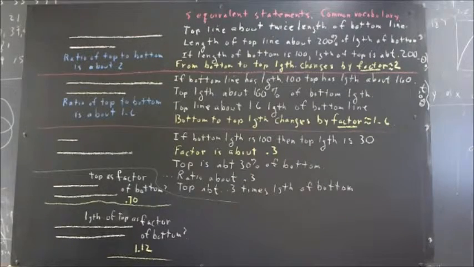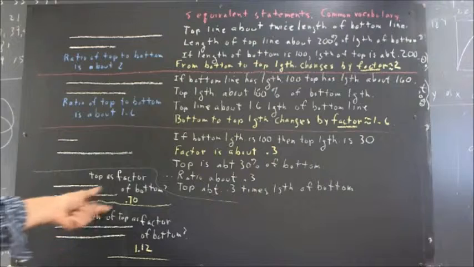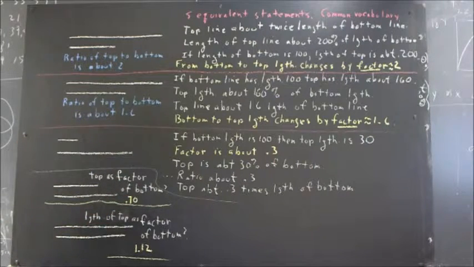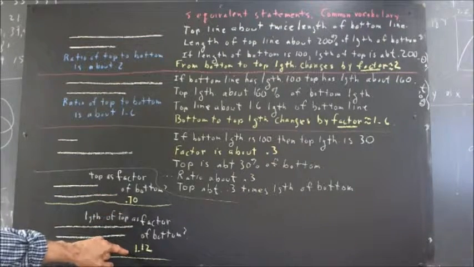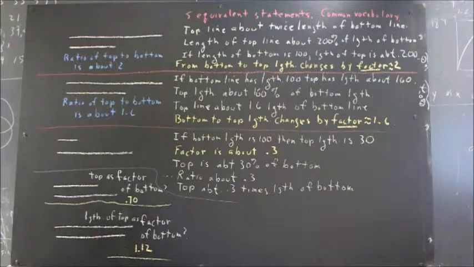Okay, so if you estimated 0.7 and 1.1, you hit it. If you estimated 0.6 or 0.8, you're in the right ballpark. If you estimated 1.2 down here, you're in the right ballpark. And if you estimated 0.70 and 1.12, you hit a home run.